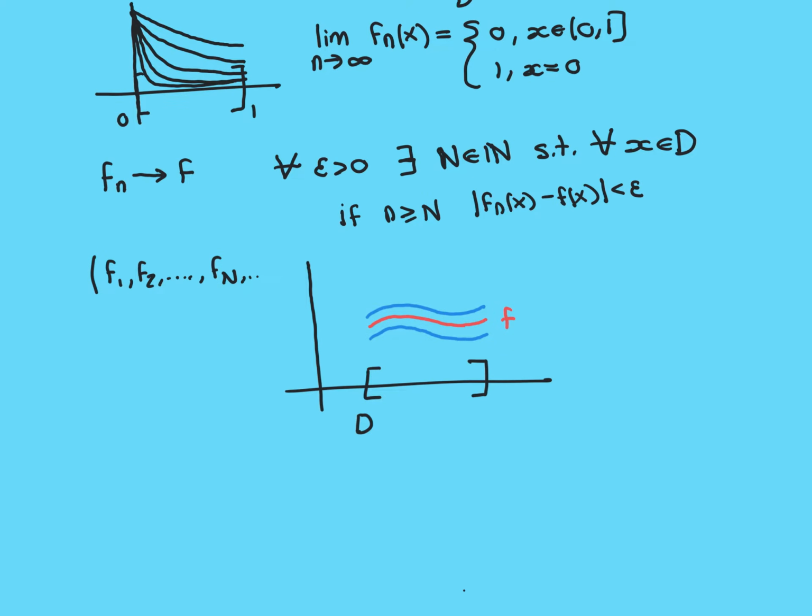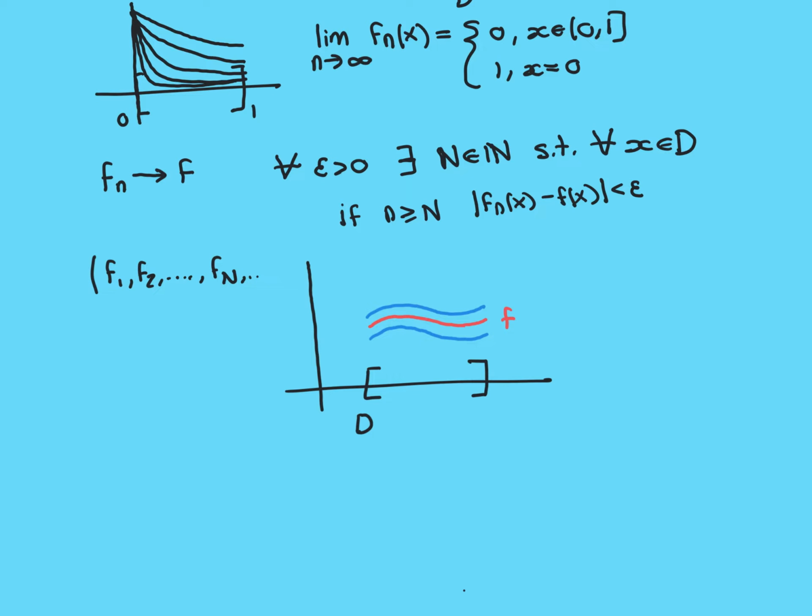So if you go to any point on the domain, the difference between the function in the sequence and the uniform limit must be less than epsilon. So what that does correspond to is that from this point onwards in the sequence, if you drew them on this picture, they would be contained within this tube around your uniform limit. So none of them would step outside of this. They'd all be inside here.